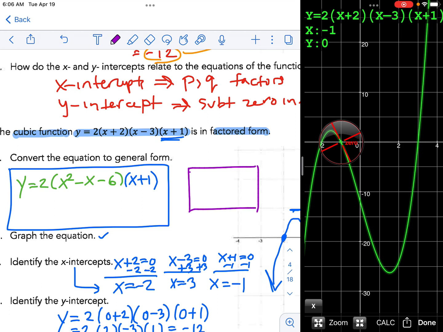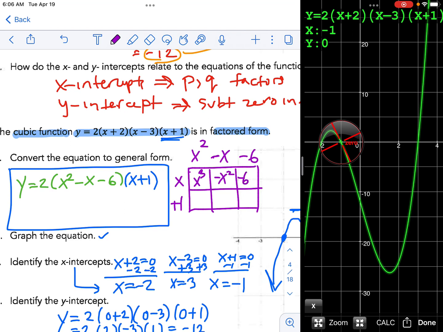And then we can use an area model here to get this last multiplication. It's probably the easiest way to do this, where this is x squared, this is minus x, this is minus 6, and this is x and plus 1.